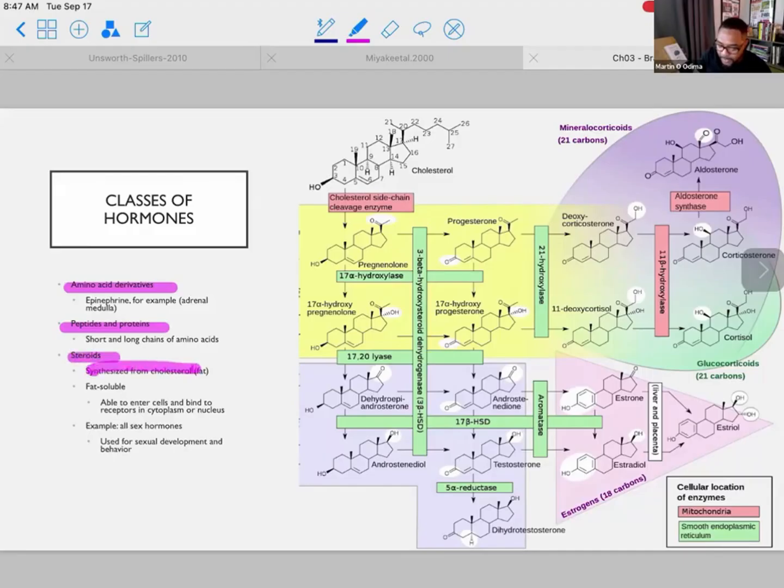Steroids are synthesized from cholesterol fat and are fat soluble, able to enter cells and bind to receptors in the cytoplasm or nucleus. So some things you might have learned in biology class. For example, all sex hormones are used for sex development and behavior.